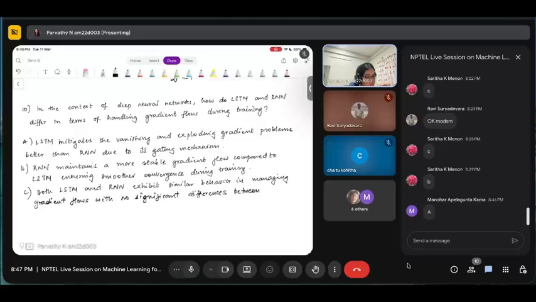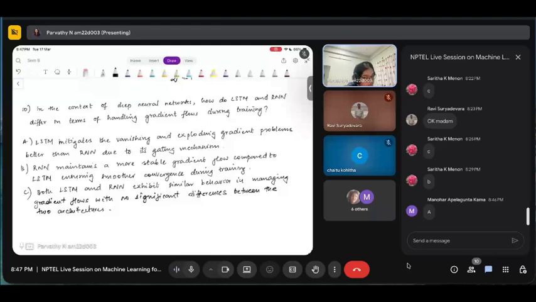Yeah, so LSTM mitigates the vanishing gradient problem better than RNN due to its gating mechanisms. That is the correct answer.